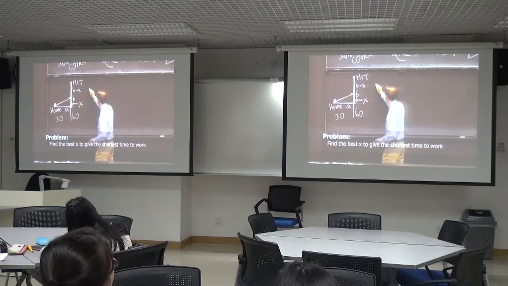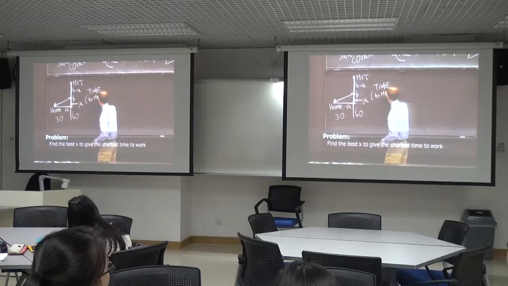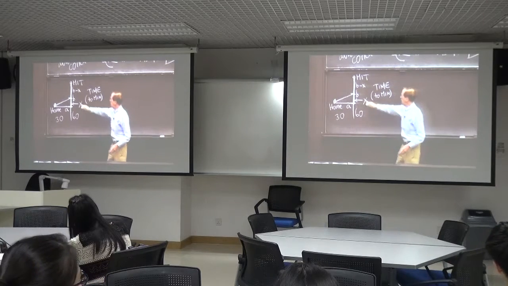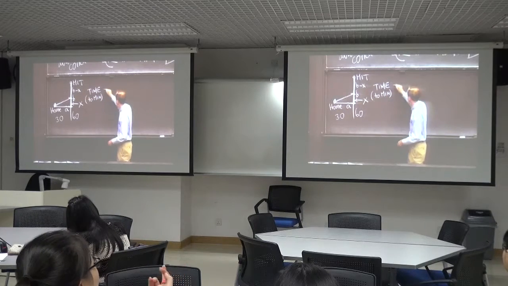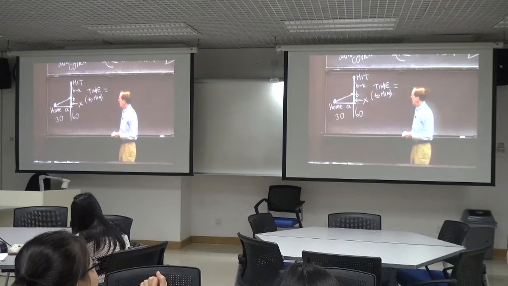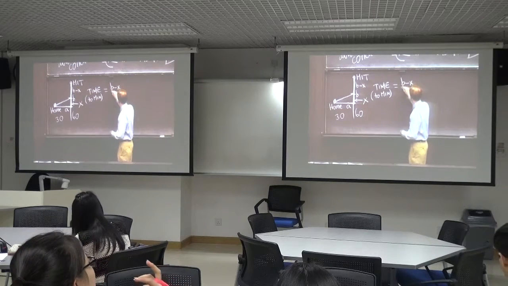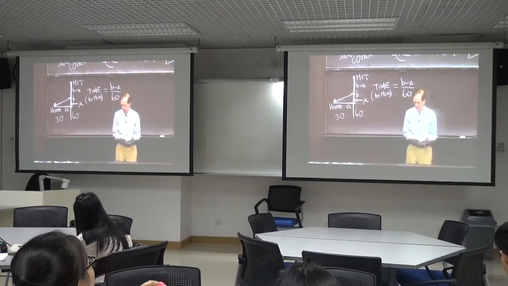So my time, I'm trying to minimize my time. On the Mass Pike, when I travel at 60, I have distance divided by 60 as the time. Am I remembering correctly?